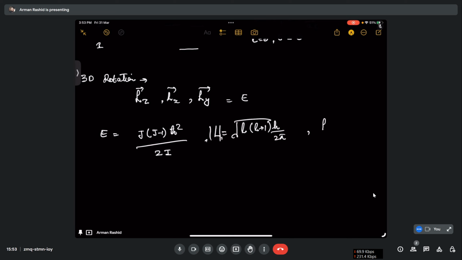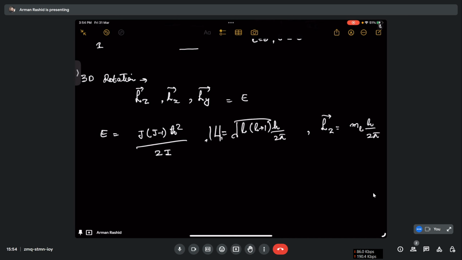Now what I have written here is that for a rigid rotor moving in three dimensions, we have a total energy J(J+1)ħ squared by 2I, the magnitude of the total angular momentum is the square root of L(L+1) h by 2π, and the angular momentum along the z axis will be ml h by 2π.